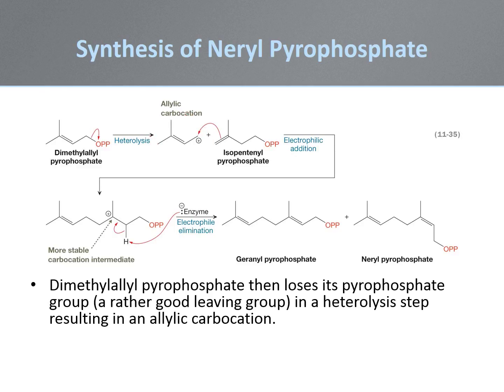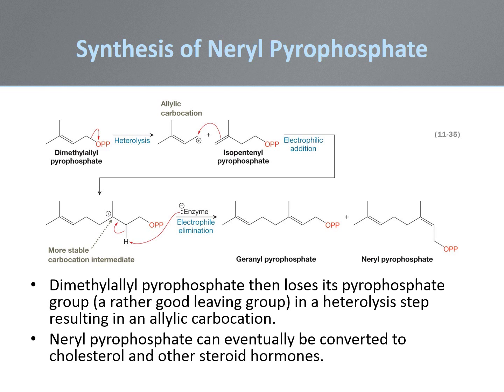This cation can then react with another molecule of isopentenyl pyrophosphate to form a dimeric tertiary cation. Enzymatic deprotonation of this cation leads to isomeric geranyl pyrophosphate and neryl pyrophosphate. Both of these compounds can lead to a variety of terpenes. Neryl pyrophosphate is also the precursor for cholesterol and other steroids.